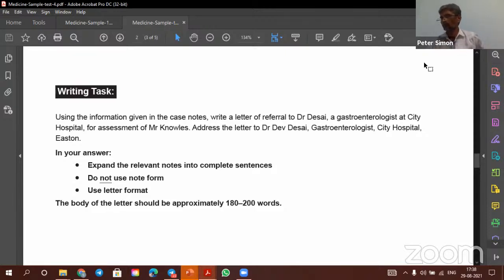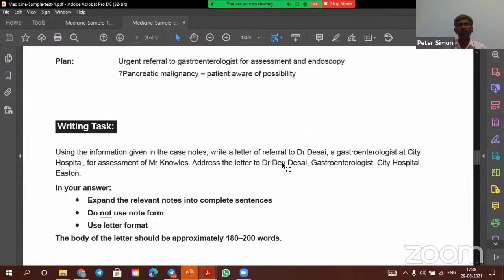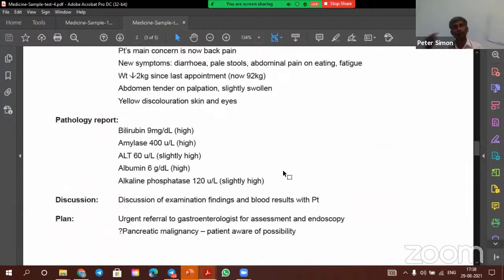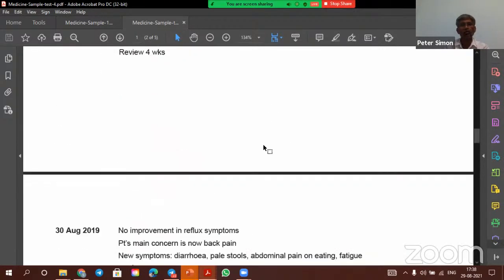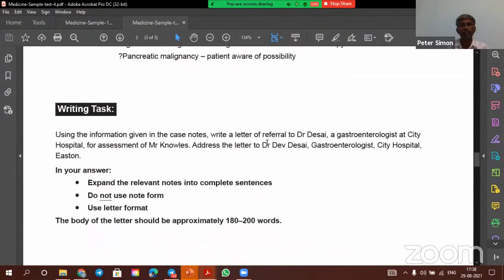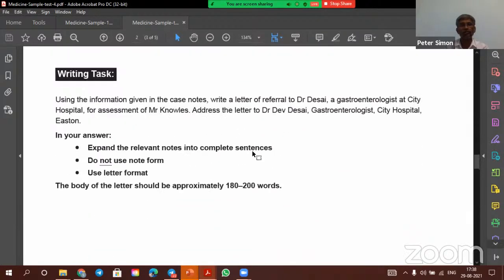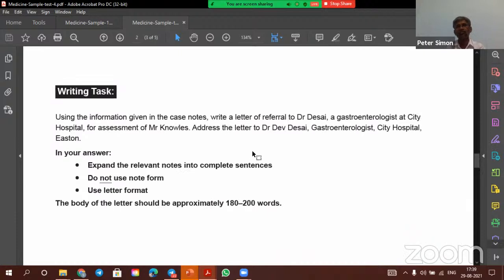Okay. Right. Now let us see some important things here. You have to assess. What type of letter is this? Based on this one, we'll see what type of letter it is. You have to study this one very carefully.